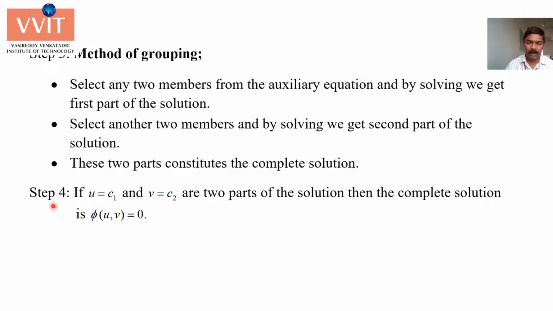So in step 4, the last step to conclude the problem, if u equal to c1 and v equal to c2 are two parts of the solution, then the complete solution is phi of u comma v equal to 0. So this is how we end up, writing the complete solution in terms of a function of u, v equal to 0.